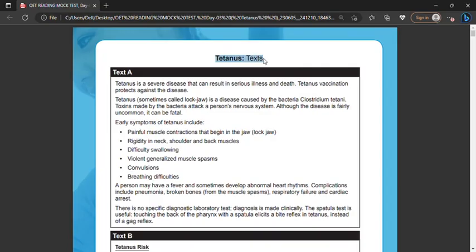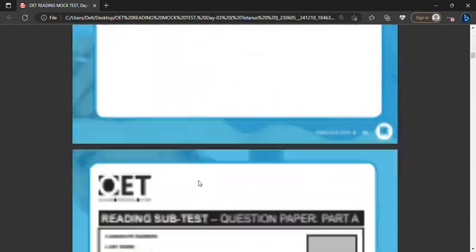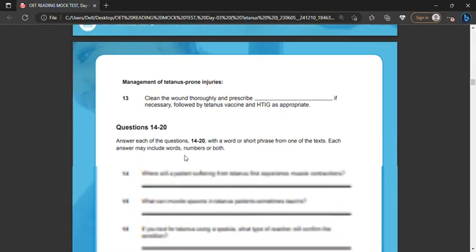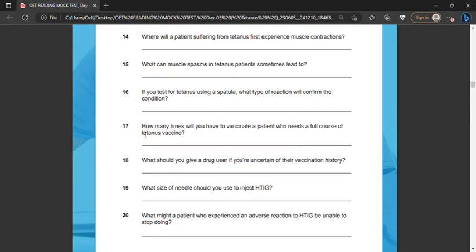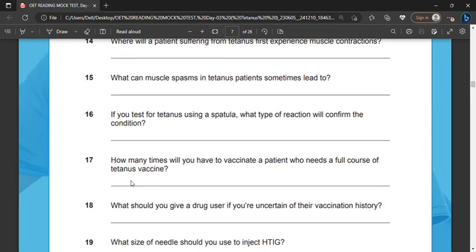Okay, so your first doubt is question number 17: 5 doses, but the answer is 5 times. So let's move to question number 17. The question is: how many times will you have to vaccinate a patient who needs a full course of tetanus vaccine?